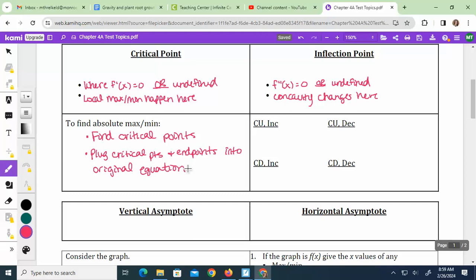And then you know the highest y value is your absolute max, your lowest is your absolute min.